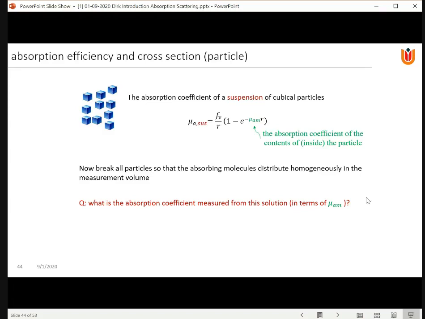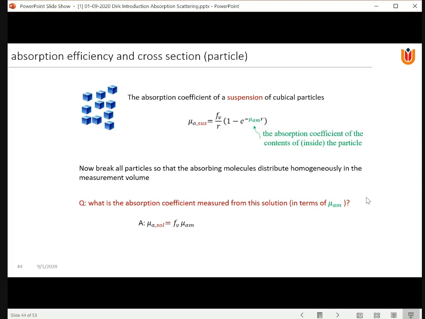So basically what happens is that I had these molecules that were tightly packed in these particles, and now all of a sudden the particles are broken, so all these molecules have much more room for themselves. Because they are now distributed in more space, they have a fraction equal to the volume fraction, more room.